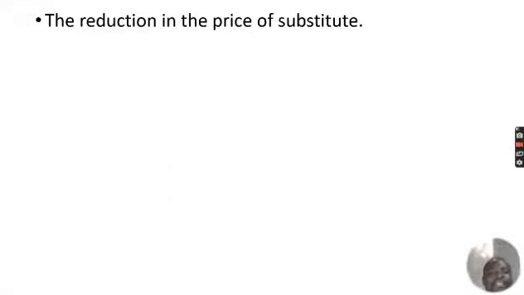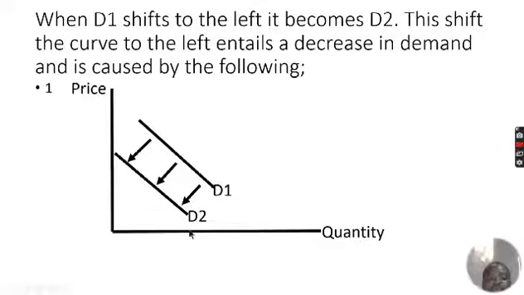Number one, we are talking about the reduction in the prices of substitutes. Now, we said that substitutes are goods that can be taken in place of the other. So, if there is a reduction in the price of a substitute, people will go from the main product to the substitute. Therefore, that line will move from D1 to D2.